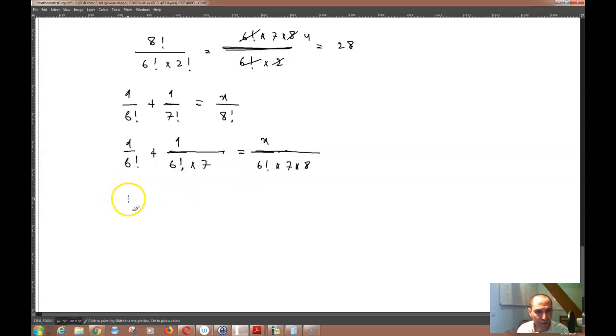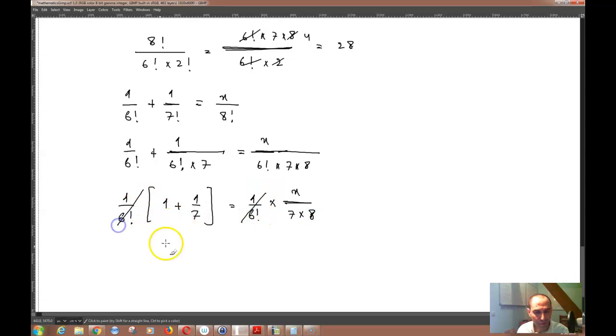And so here I can take 1 over 6 factorial out, and then I would have 1 plus 1/7 is equal to 1 over 6 factorial times x over 7 times 8. And then I can simplify these two.